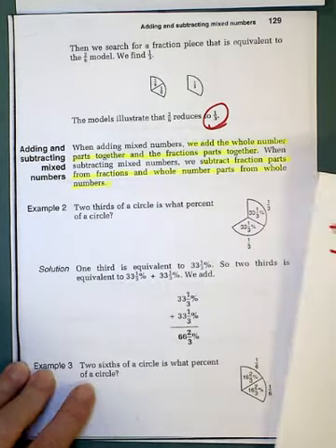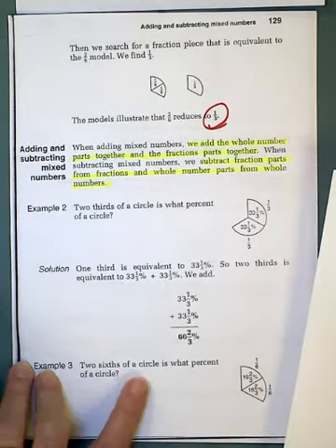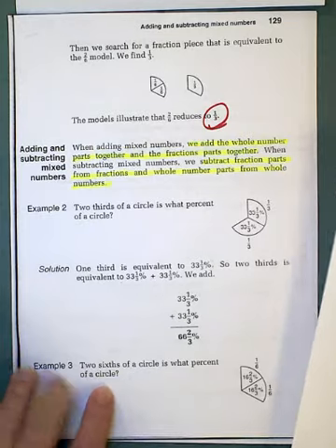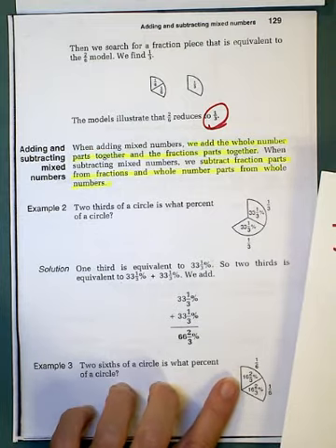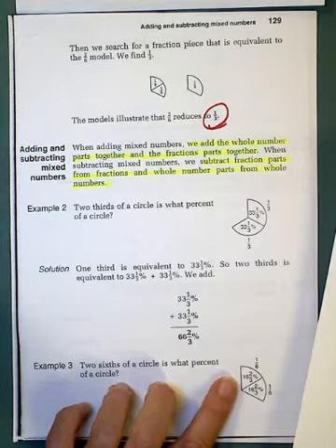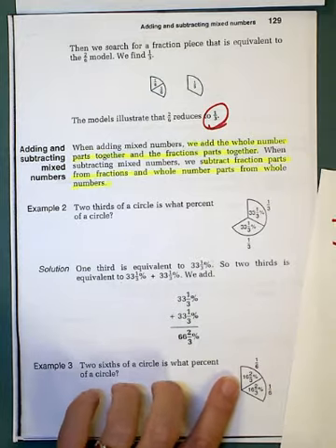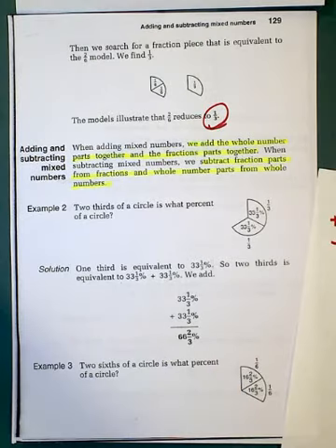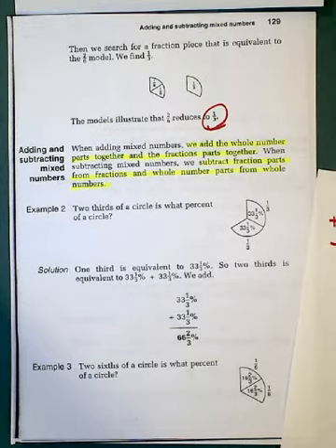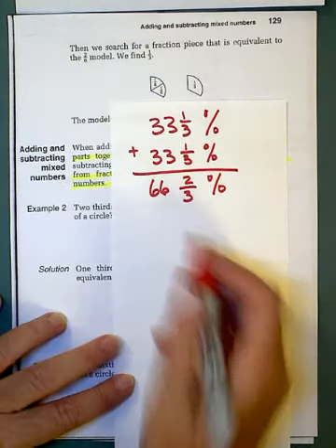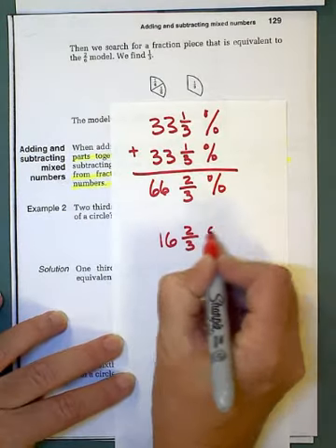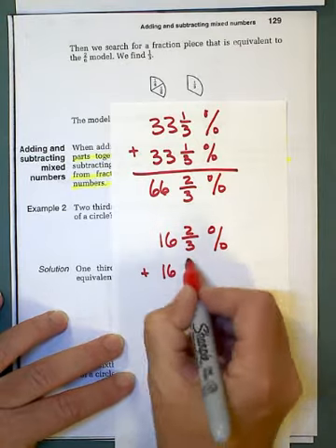Example 3 says, 2/6 of a circle is what percent of a circle? Well, looking at our 1/6 fraction piece, we see that 1/6 equals 16 and 2/3%. So in order to solve this problem, we need to add 16 and 2/3% plus 16 and 2/3%. So we will begin by writing that out. 16 and 2/3% plus 16 and 2/3%.